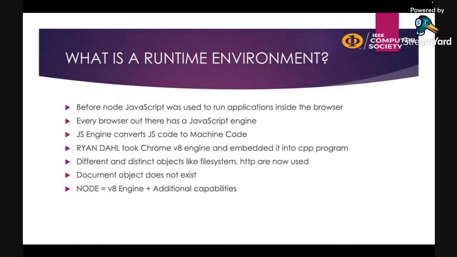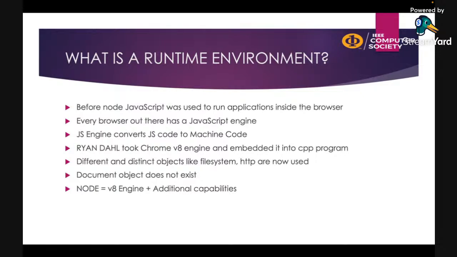There are many JavaScript engines used by browsers. Internet Explorer uses Chakra, Mozilla Firefox uses SpiderMonkey, Chrome uses V8. The V8 JavaScript engine is one of the most powerful JavaScript engines out there.